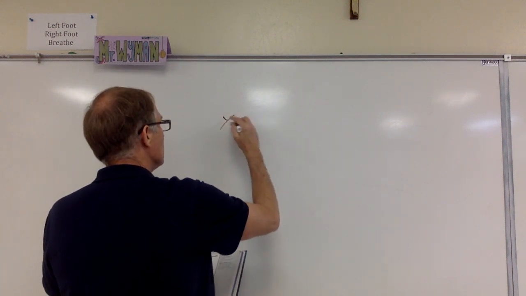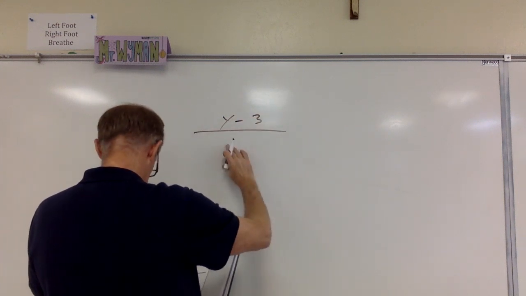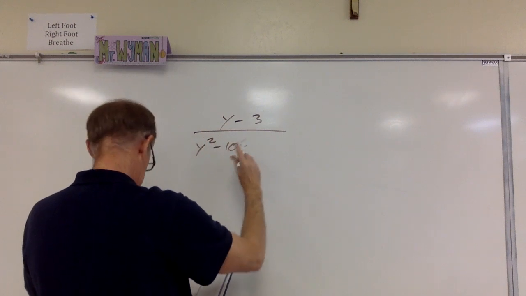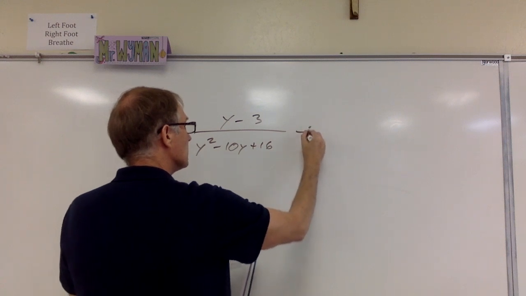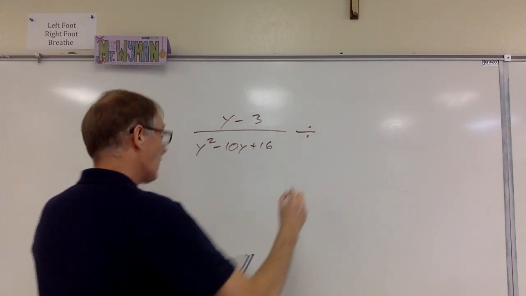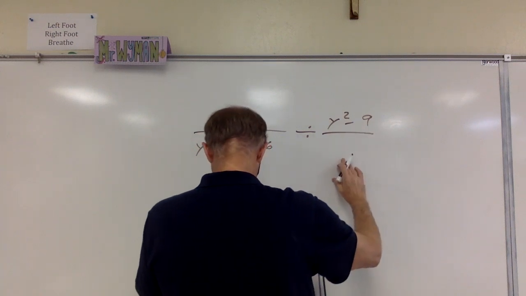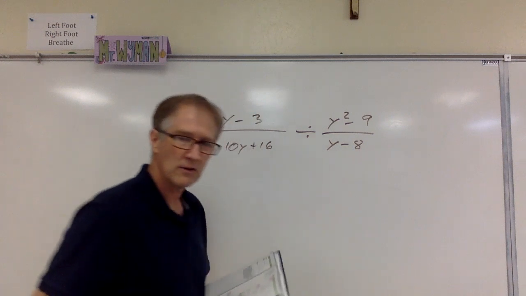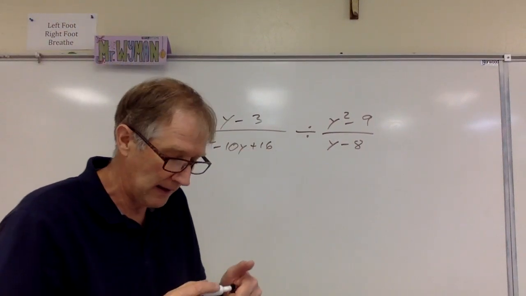Last example is y minus 3 divided by y squared minus 10y plus 16, divided by y squared minus 9 all over y minus 8. Okay, so we know that we're going to flip over the second fraction and multiply.